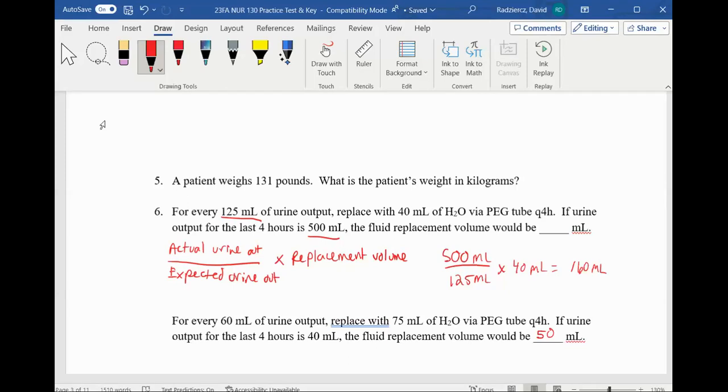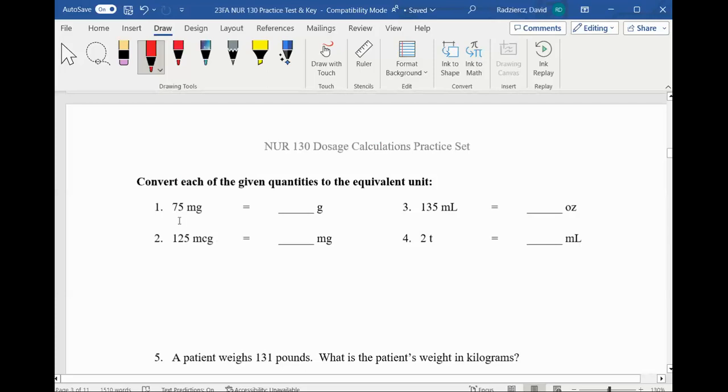When you're doing a conversion like metric to metric, like this example here, 75 milligrams, when you get an answer of 0.075 grams, that is your answer. You do not round metric to metric conversions. You do round when you're going between different units, though.